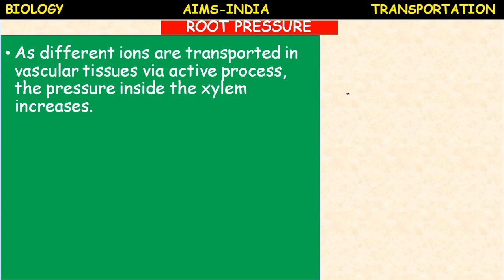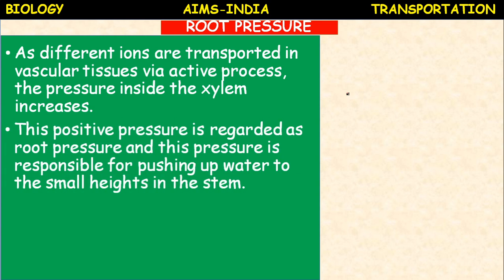As different ions are transported in vascular tissues, meaning xylem and phloem, via an active process, the pressure inside the xylem increases. This positive pressure is regarded as root pressure, and it is responsible for pushing water up to small heights in the stem.